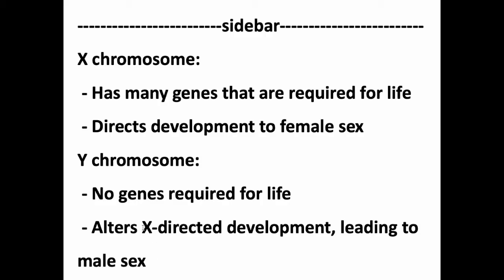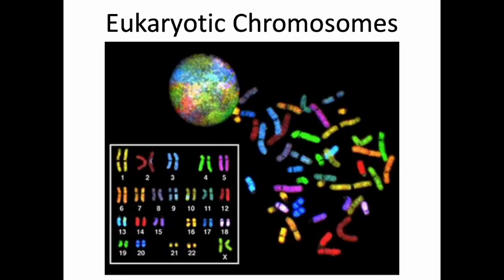So it's sort of taking for granted that anyone with a Y chromosome also has an X chromosome, because everyone has an X chromosome because it's required for life. That's why the Y chromosome is much smaller. It's just taking the instructions of the X and changing them a little bit, leading to male sex. So again, we are diploid.